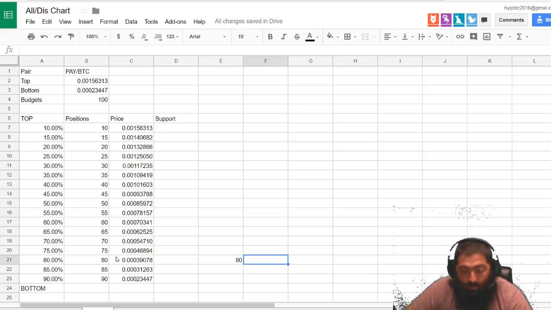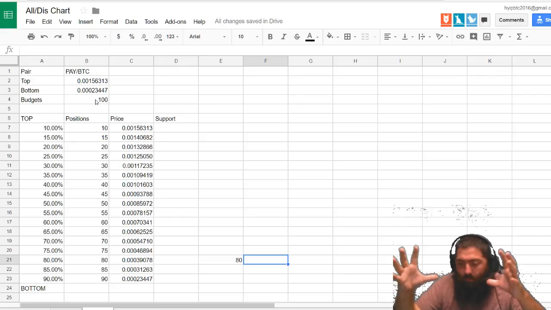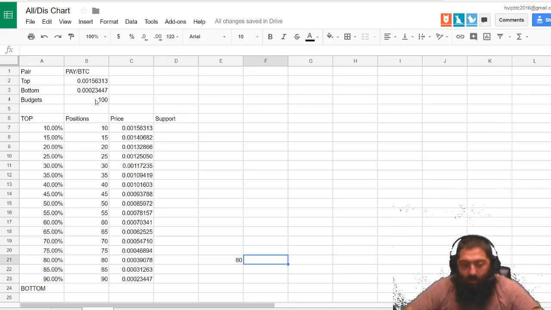And again, this is all based on your budget for this particular coin. Don't put your whole portfolio in one coin. Divide it up. I know guys that run 10 coins. I know guys that run 125 coins doing this strategy.